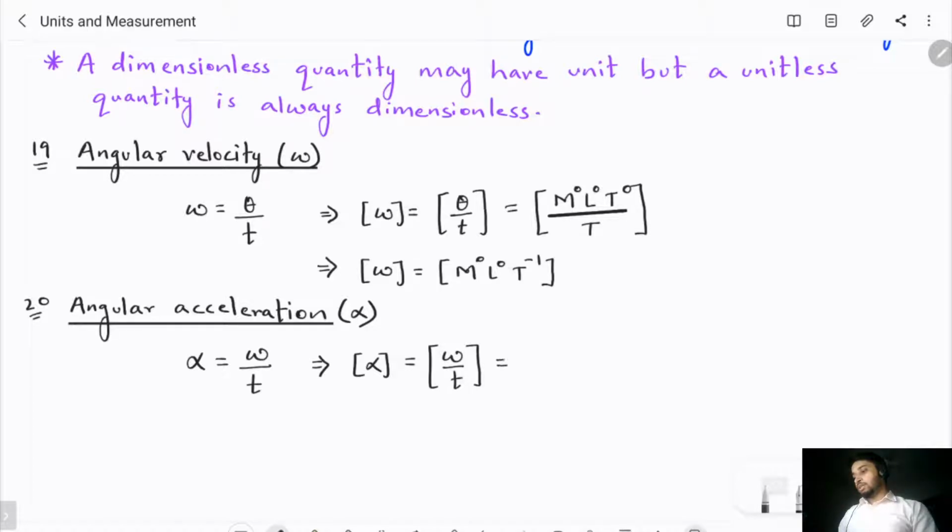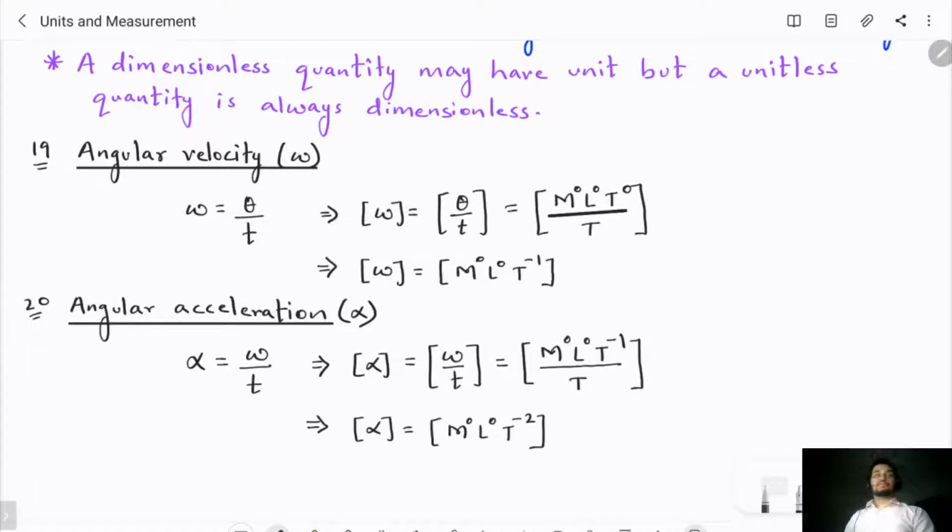So just now we derived omega, the angular velocity, which can be written as M to the power 0, L to the power 0, T to the power minus 1, divided by T. So finally we can write dimensional formula for angular acceleration as M to the power 0, L to the power 0, T to the power minus 2.